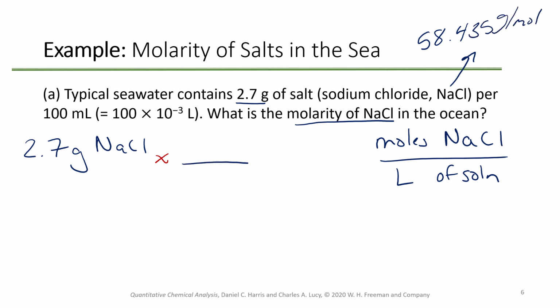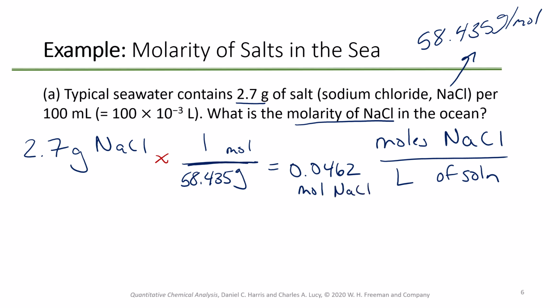So to use dimensional analysis, I would like to put moles on top and grams on the bottom. So that's 1 mole per 58.435 grams. And that gives me 0.0462 moles of NaCl. So I have my top number.